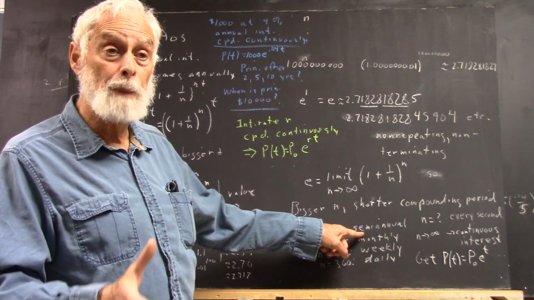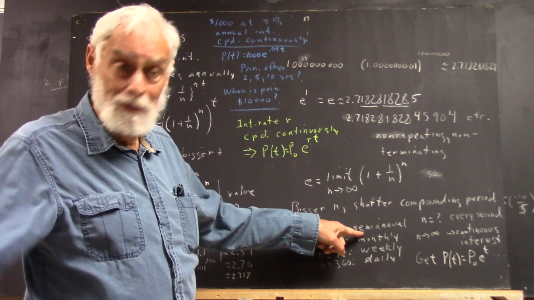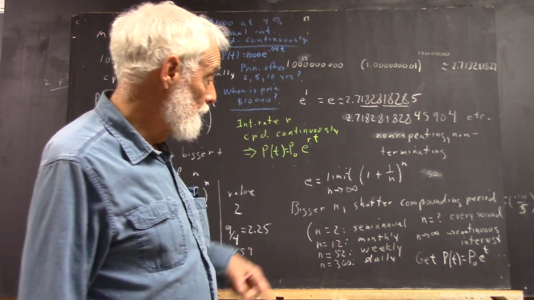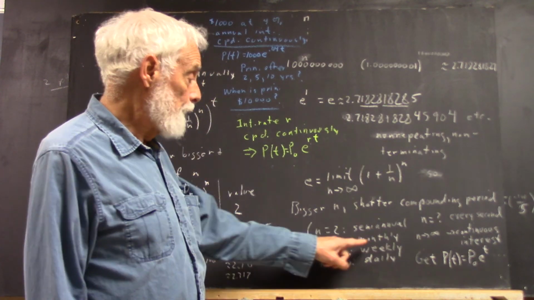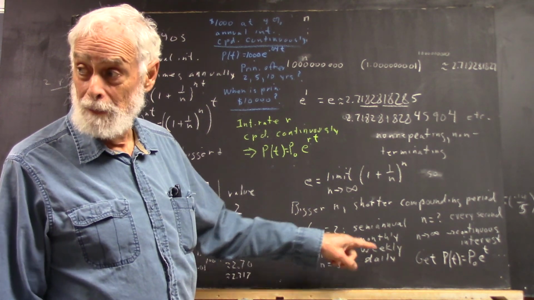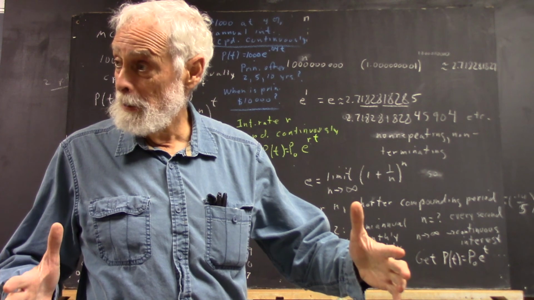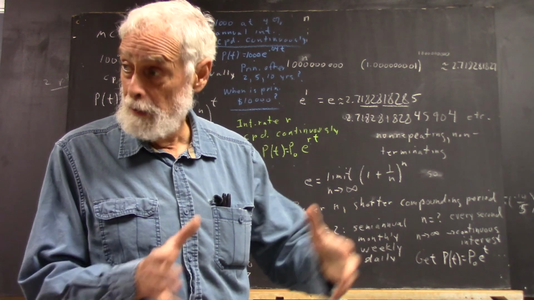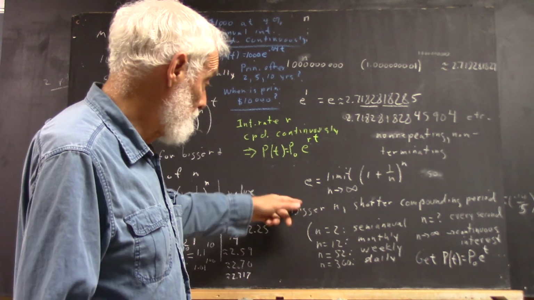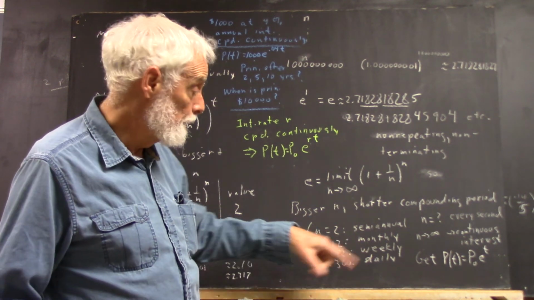If n is 12, you're compounding monthly. Twice a year is a period of 6 months before you compound again. Monthly, that's 6 times as many times, 6 times as short a period.